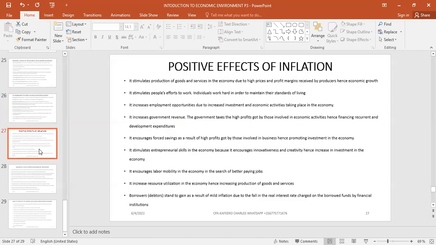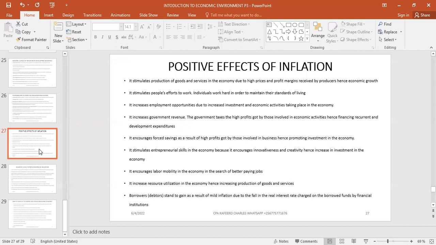Okay, allow me to talk about the effects. Effects, we can talk about the implications. In these implications, those are the effects. We may have a positive effect or positive implication; as I said, mild inflation is good for the economy. Why is it good?